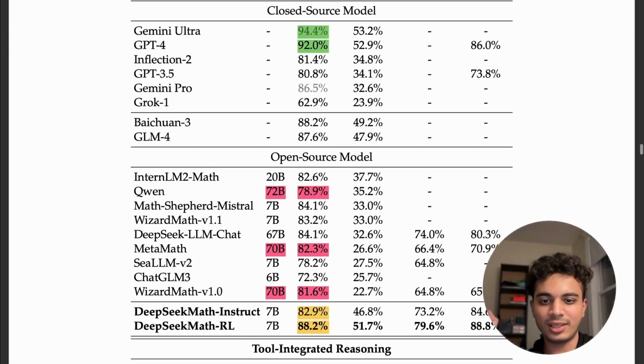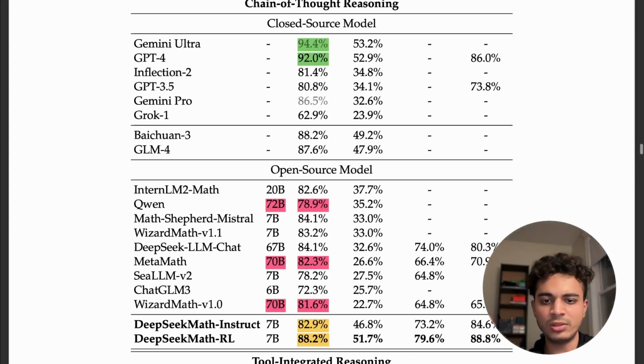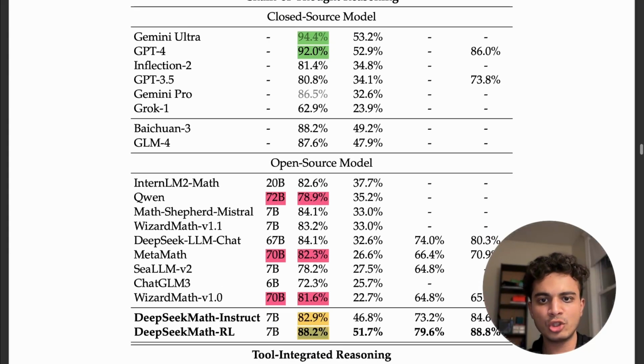It's really significant here because DeepSeek Math Instruct and DeepSeek Math RL are both important models, and you will see how RL enhances the performance of Instruct. RL makes a huge leap, from 83% it goes to 88%. Huge performance boost.